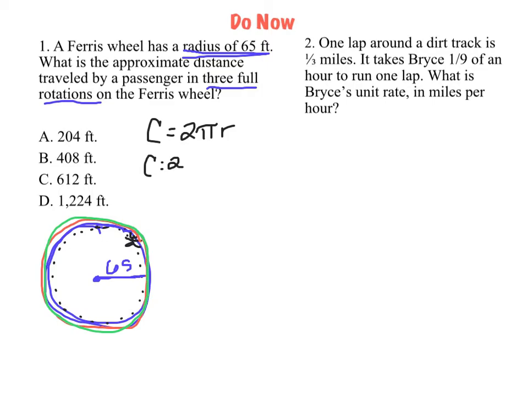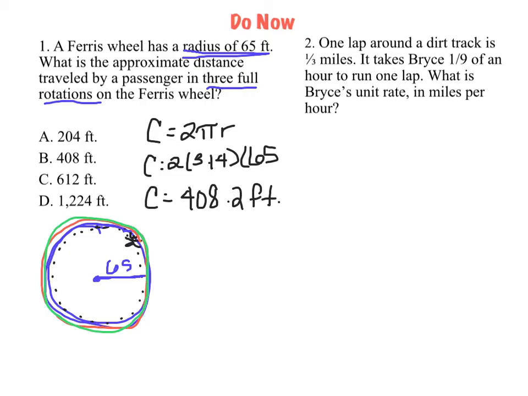So 2 times 3.14 for pi times my radius 65, and I get C equals 408.2 feet. He travels that in one time around, since that's the circumference of the Ferris wheel.